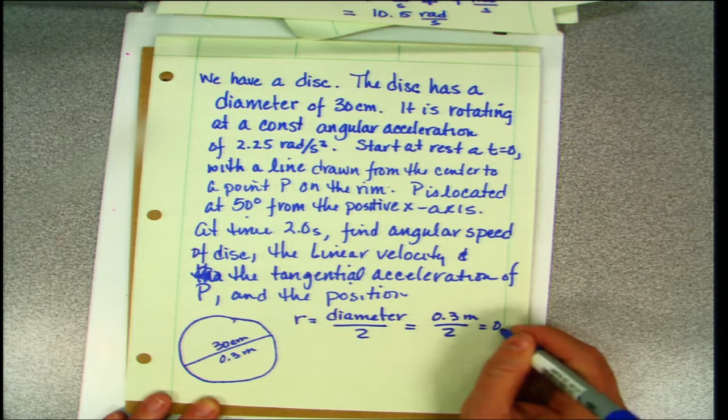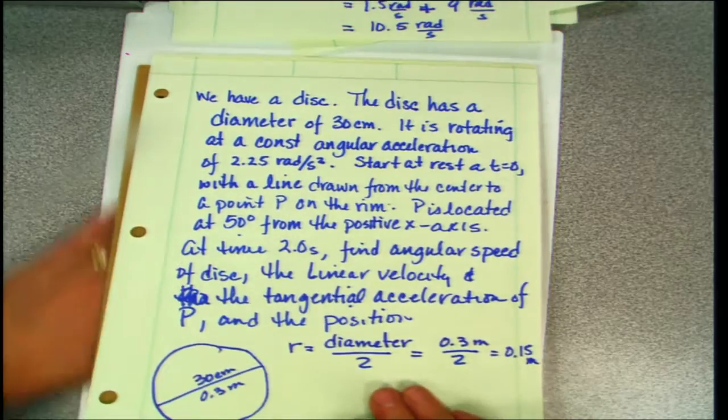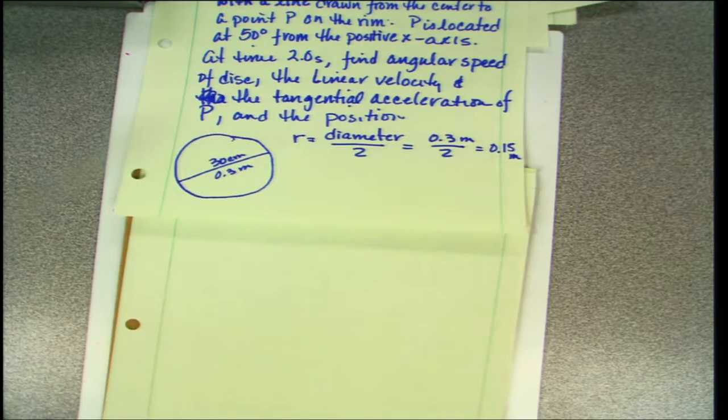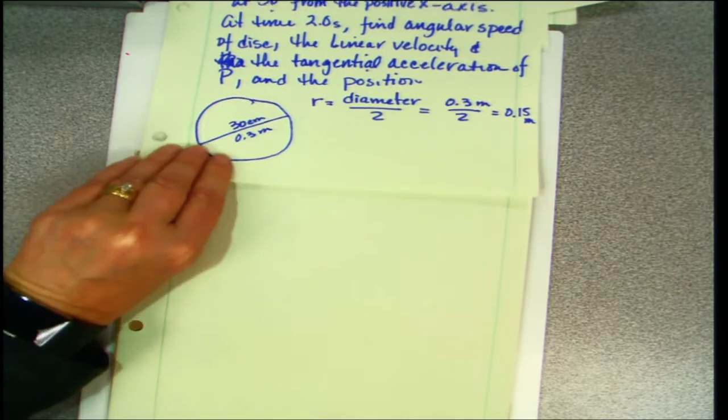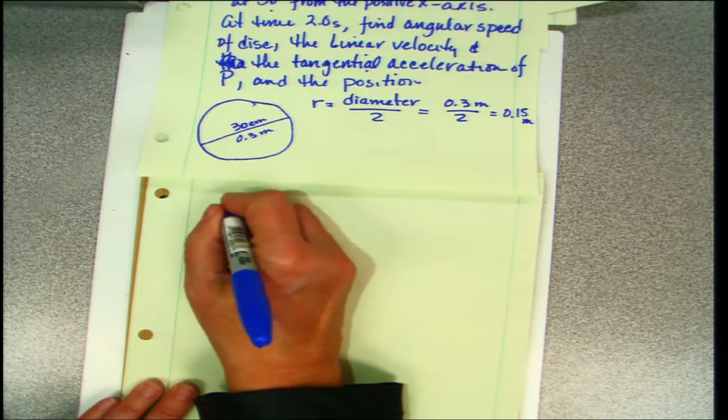The second part is I've got to figure out where this P is, right? We told them we're going to draw a line, and I've got to know where this P is. So I'm going to put it on my picture. I'm going to draw a line, and we're told that this is 50 degrees. So that's where we're starting from.